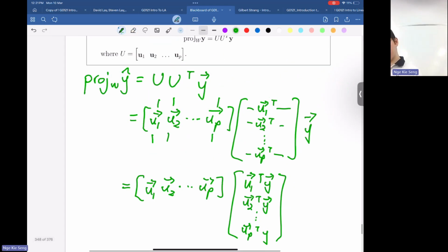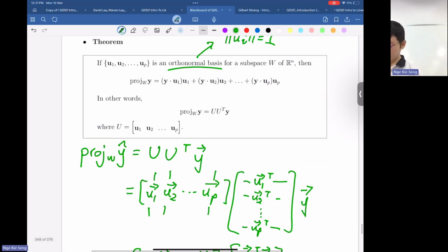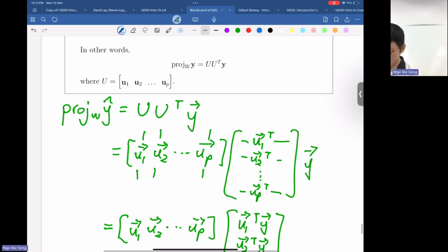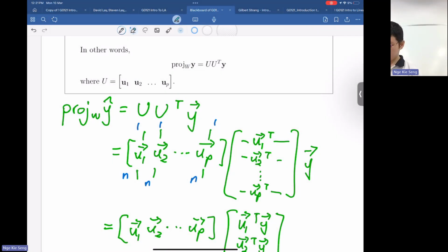Okay, maybe let's remember the size also. So what's the size here? The Ui are in a subspace of Rn, so these are in Rn. So each of them is n times 1. Altogether you should have n times p, correct?